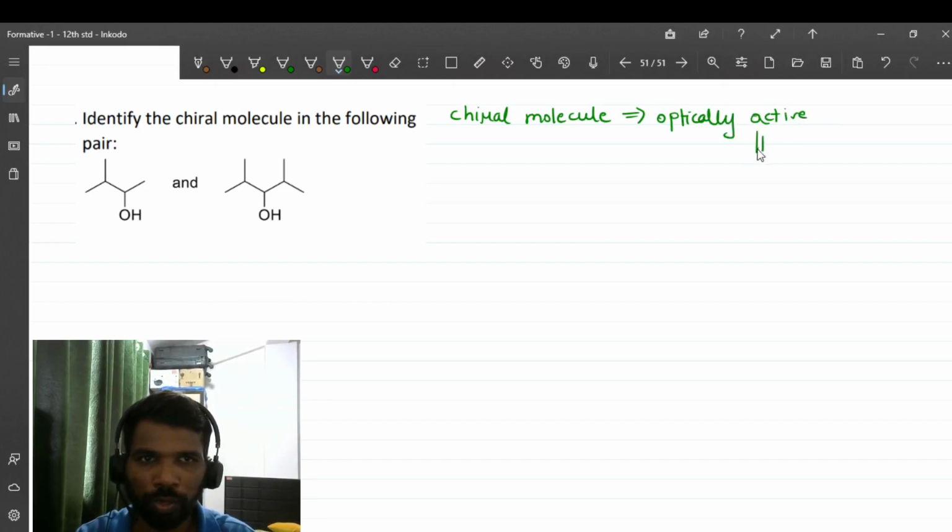Optically active means the molecule can rotate plane polarized light.